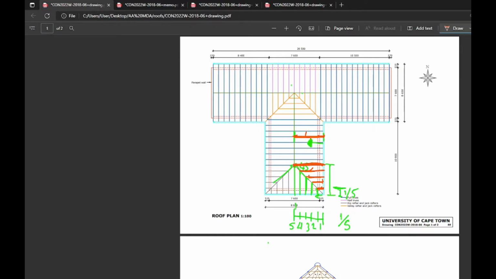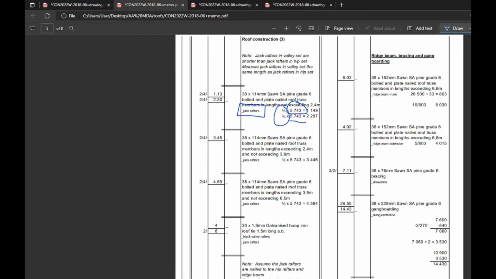So 5/5 or 1 whole is not actually applicable. Once you get to 5/5, you should be aware that you've now reached the full length and it is no longer considered a jack rafter, right? So you should never reach 5/5. This is your maximum, 4/5. It makes sense. It's fairly logical.